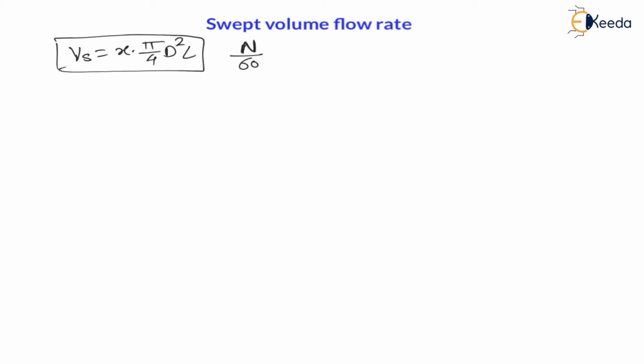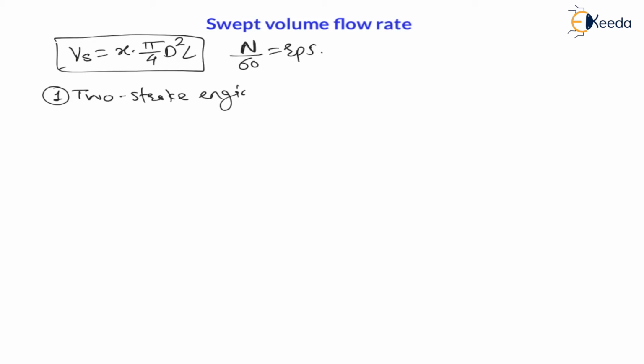Now we have seen for x cylinders, total swept volume is x into pi by 4 d square L, right? And N is rpm, therefore N by 60 is revolution per second, rps. Now number 1, two stroke engine. Let us say in the examination it is mentioned that the engine is a two stroke engine.